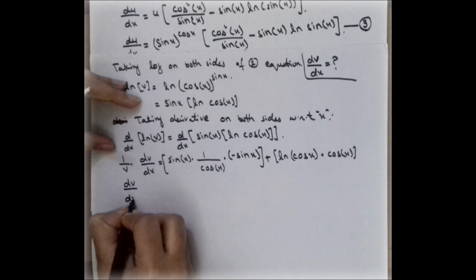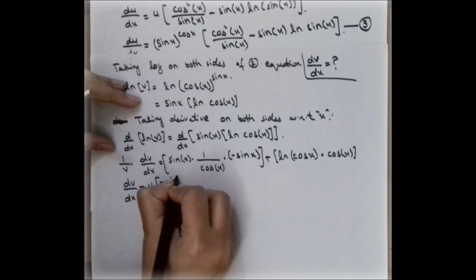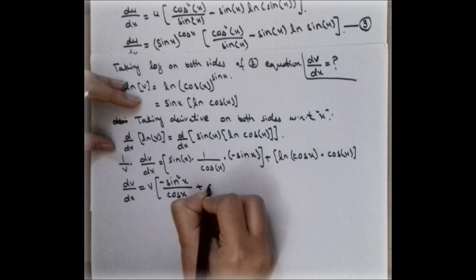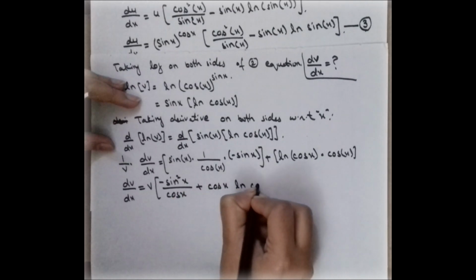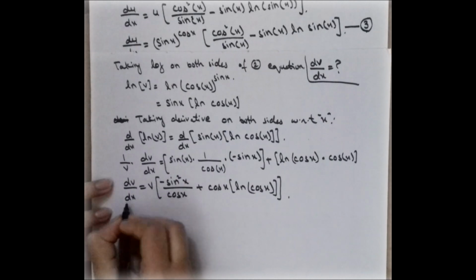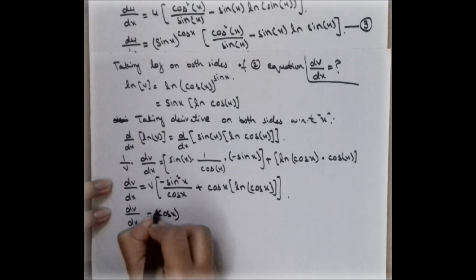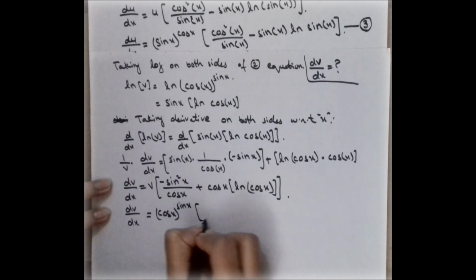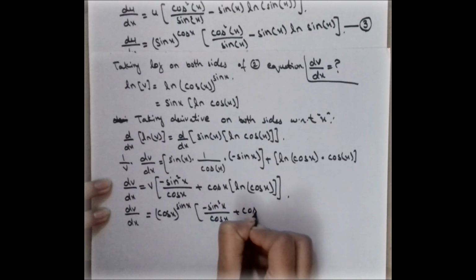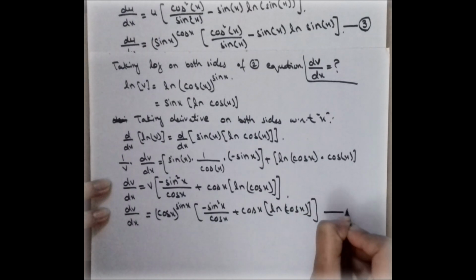So dv over dx equals v times minus sin square x divided by cos of x plus cos of x ln of cos of x. From the second equation, the value of v is cos x power of sin x, and this term remains the same. This equation is the fourth equation.